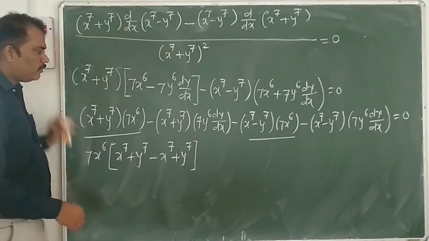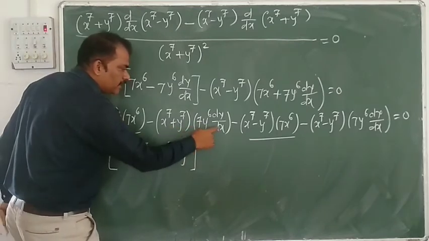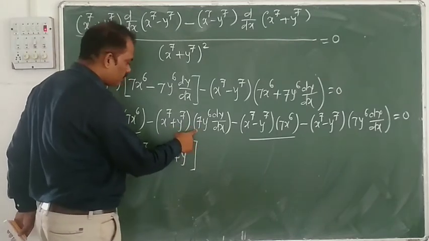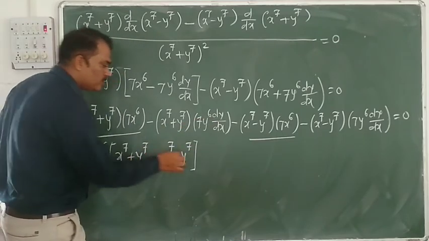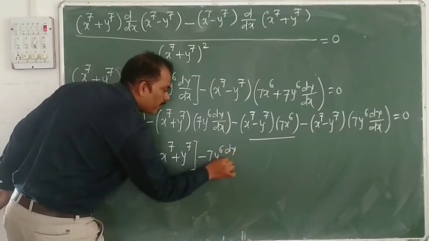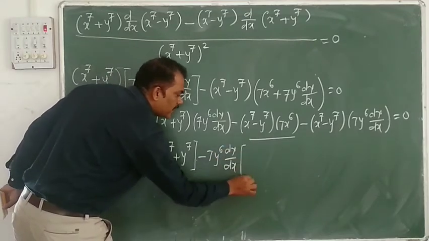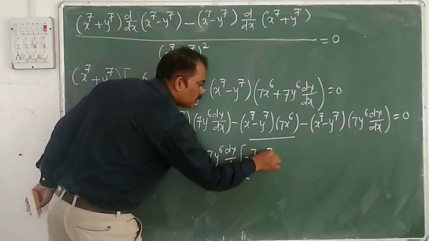Okay. Now we have to think about the terms which contain dy/dx. Here we have to take minus 7 times y^6 dy/dx common inside the bracket. This term as it is, x^7 + y^7.